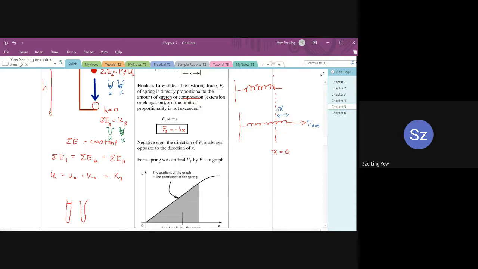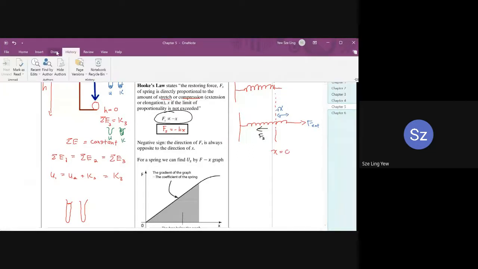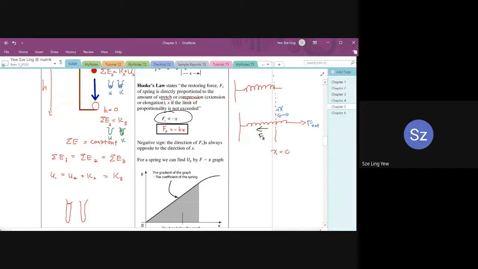But the restoring force is always opposed to the external force, because the restoring force is the force that tries to bring the spring back to its original condition. So Fs is in the opposite direction. That's why in this proportionality equation, Fs is directly proportional to negative x, because it is always opposite to the direction of x. So here it mentions Fs is always opposite to x.